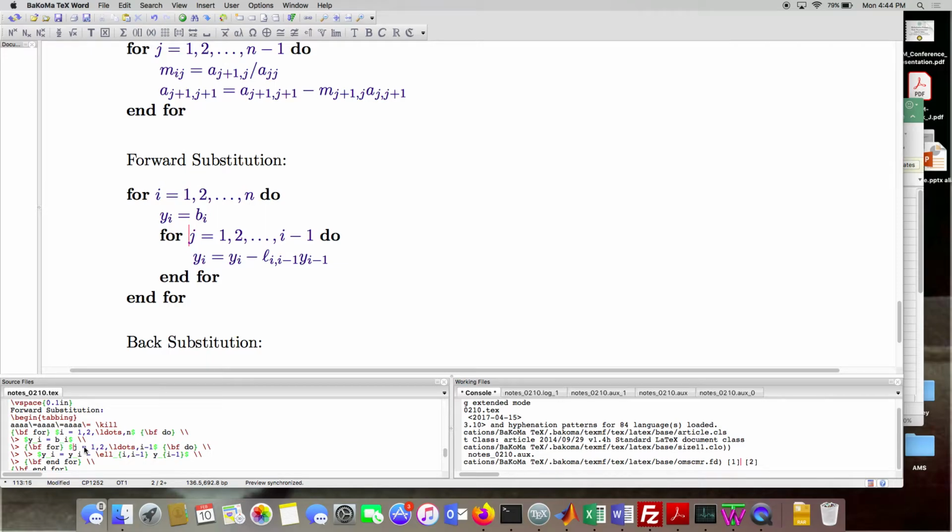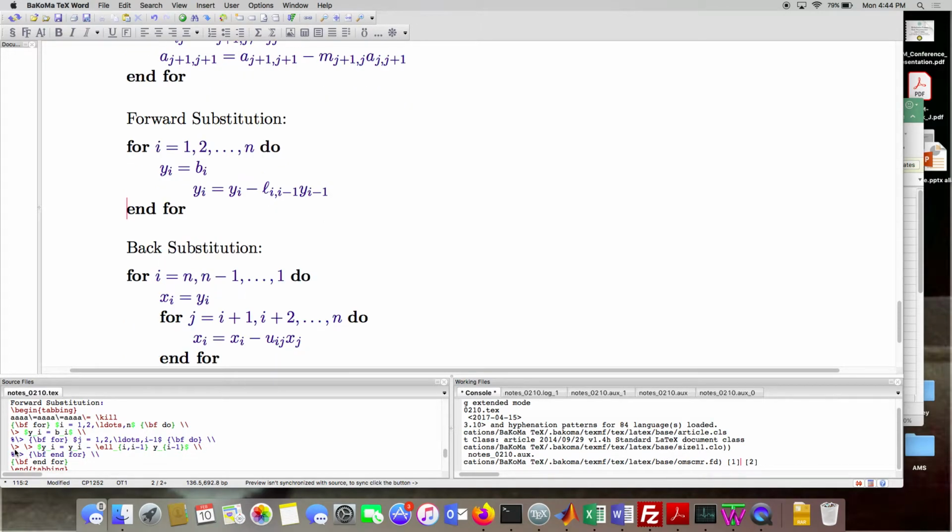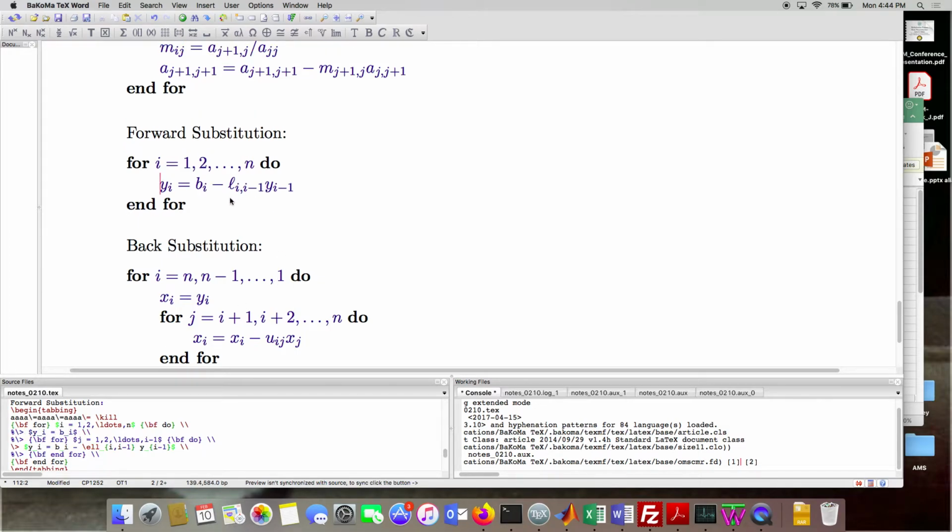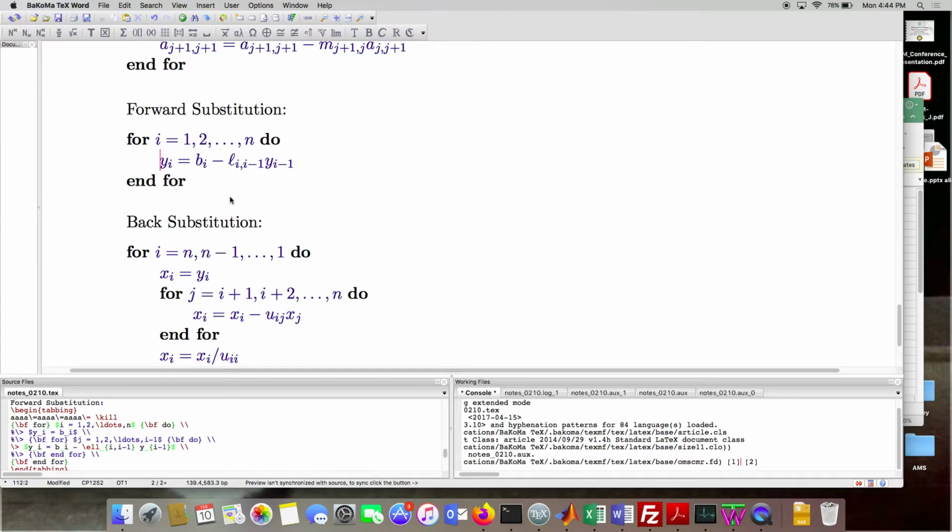So this loop can go away, and I'll unindent this. In fact, I don't even need the line y equals bi and then update y. I could just put the b down here.